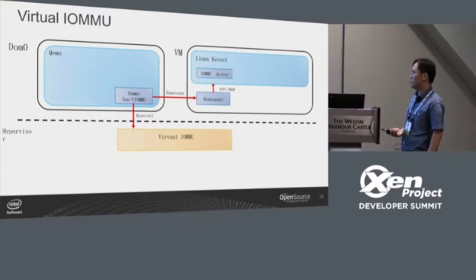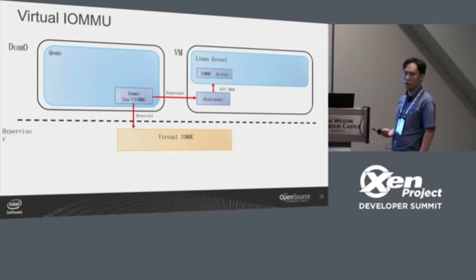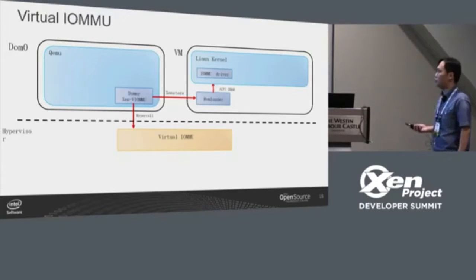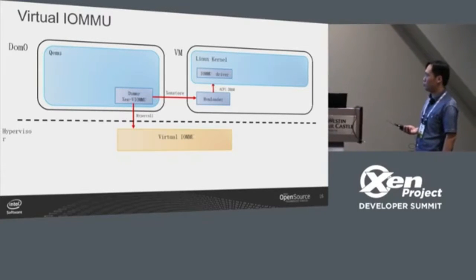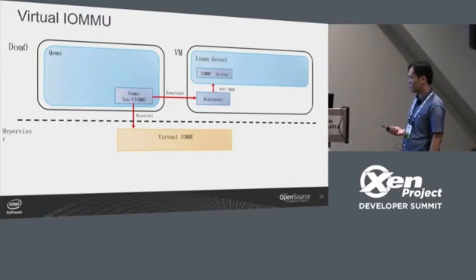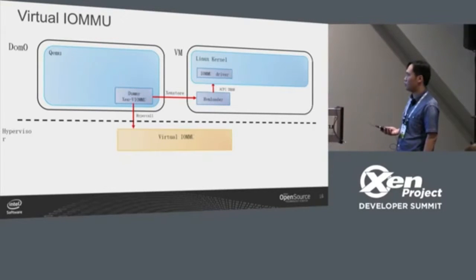Another part is the virtual IOMMU device, which works as a hypercall wrapper in QEMU. When a VM is created, it will create the virtual IOMMU device in QEMU first. The device will pass the input parameters and query the virtual IOMMU capability that the hypervisor can support. If it meets the requirement, it will create the virtual IOMMU device in the hypervisor via hypercall.